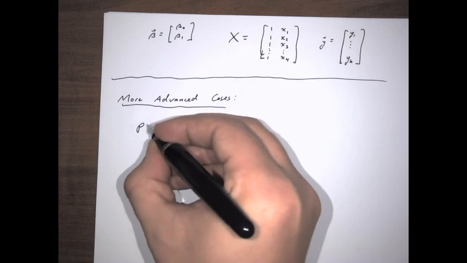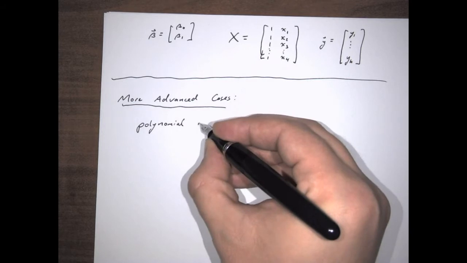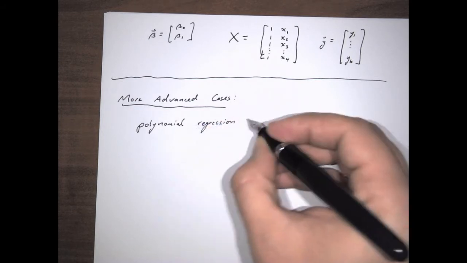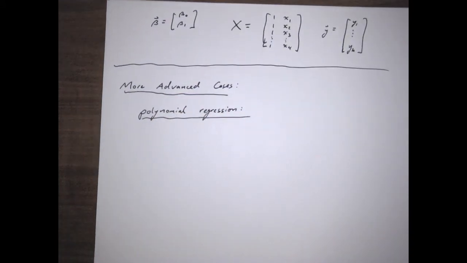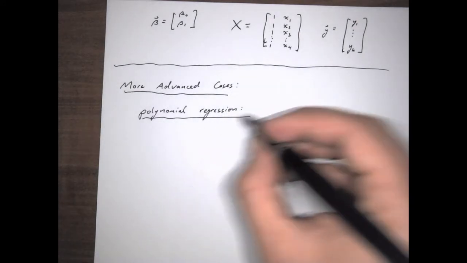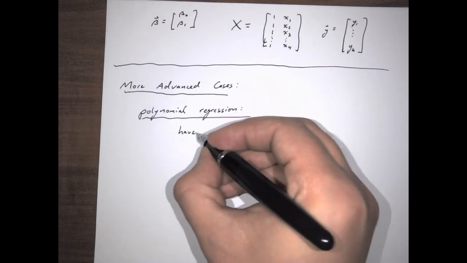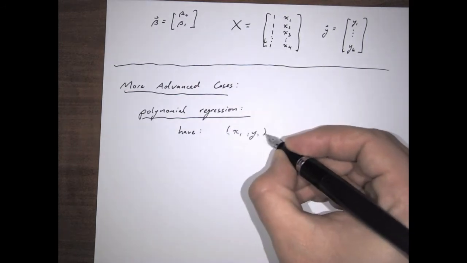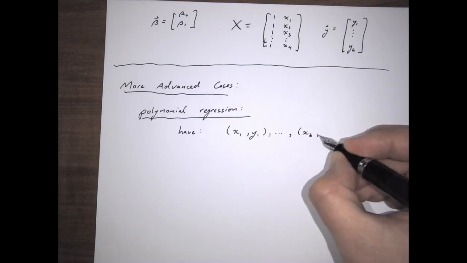So we could say polynomial regression would be a more advanced case that we could be dealing with. And in polynomial regression, here what we would have is again the data values, which we can write the same way: x1, y1, dot dot dot, up to xk, yk.